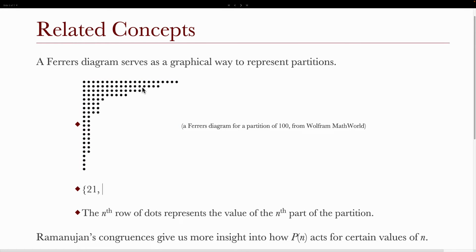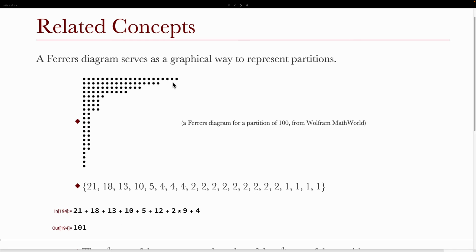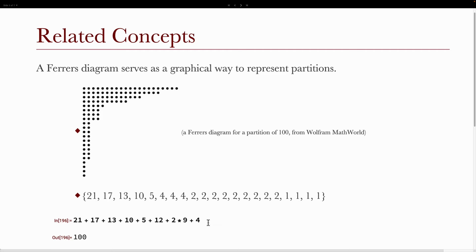So using that rule, we can go through each of these rows, see that the first has 21, the second has 17, then 13, 10, 5, 4, 4, 4, 2, 2, 2, 2, 2, 2, 2, 2, 2, 1, 1, and the final row has 1. Now, if we put these all together and use the Wolfram language as just a little calculator, we get 100. So we can tell that this partition is accurate.